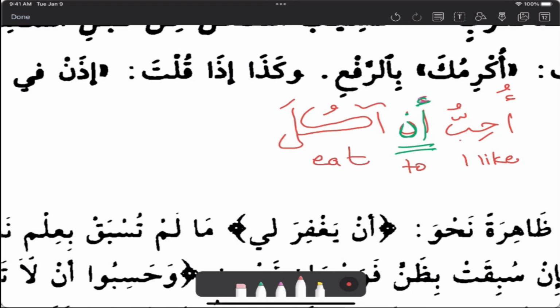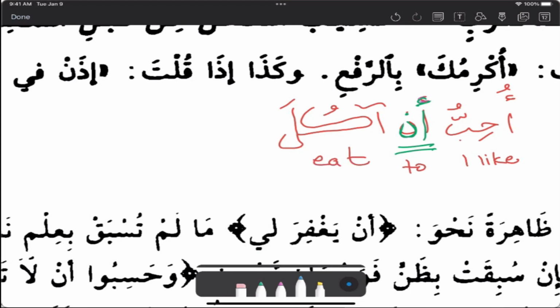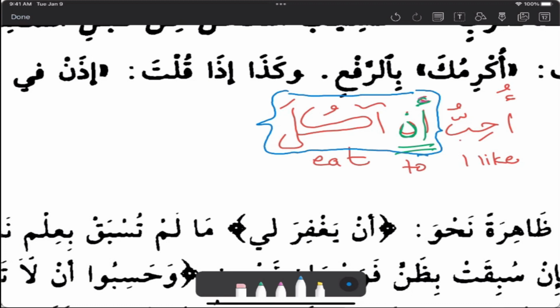And you've learned that the fi'l mudari', or any verb really, together with the harf masdari, they act like one thing, which is the masdar.